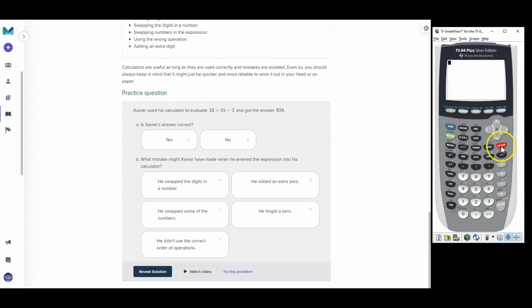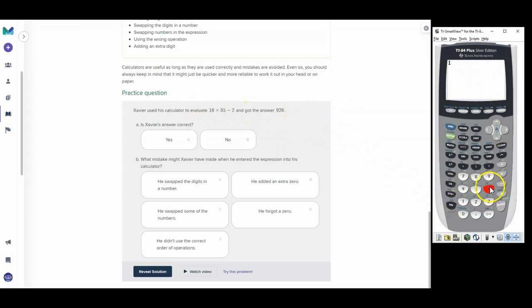If I do it with the parentheses, I can go brackets or parentheses, 16 times 85, close my brackets, minus 2. So I can write the whole equation out in one step and press enter, and I get the same result. I can also just write it out as it is here, because the calculator will of course follow correct BIDMAS or BODMAS.